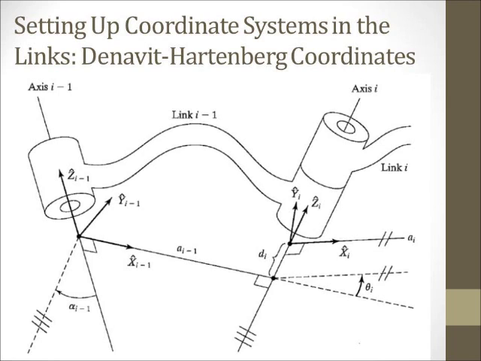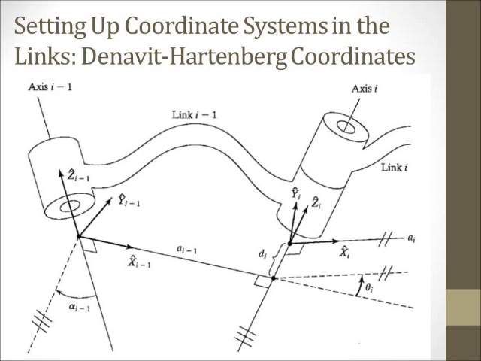The first parameter of interconnection is the link offset di, which is the signed distance measured along the axis of joint i from the point where a i-1 intersects the axis to the point where a i intersects the axis.